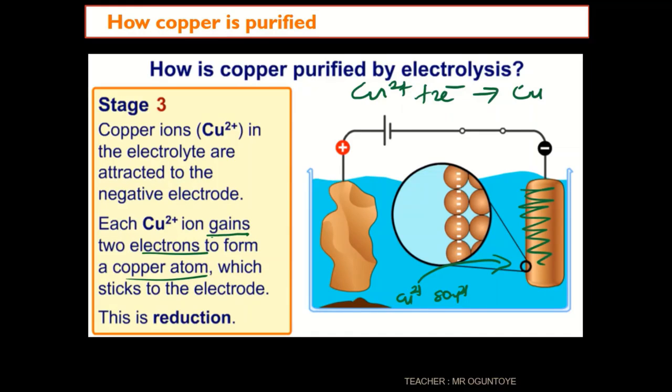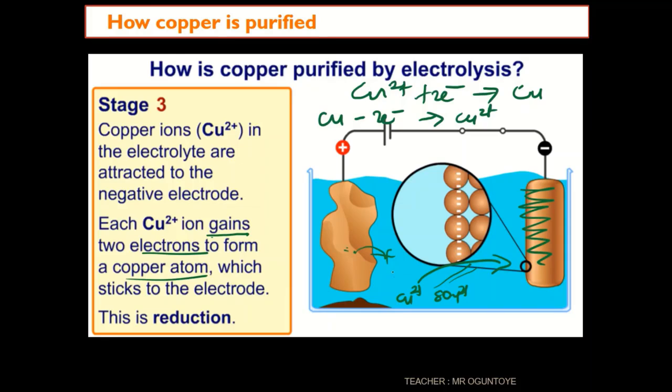Okay, so the copper leaving this solution will be replaced by the copper from this particular positive electrode. Because at the positive electrode, we need the loss of electrons. So it is easier and more energetically favorable for copper metal to lose 2 electrons to become copper ion.